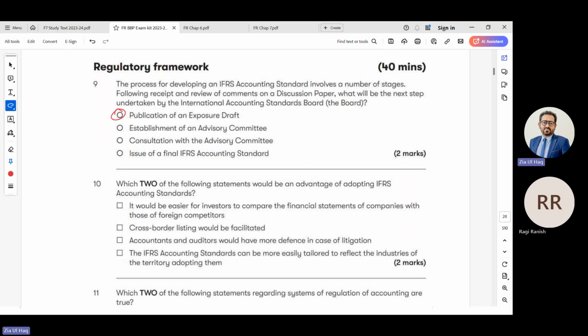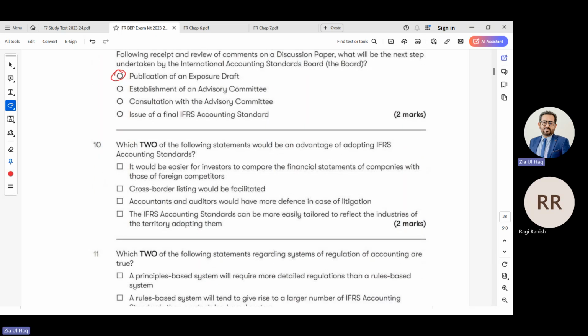Which two of the following statements would be an advantage of adopting IFRS accounting standards? What are the advantages of adopting IFRS? It would be easier for investors to compare the financial statements of companies with those of foreign competitors because companies are following international accounting standards. Cross-border listing would be facilitated, meaning foreign investors can understand and buy shares properly.